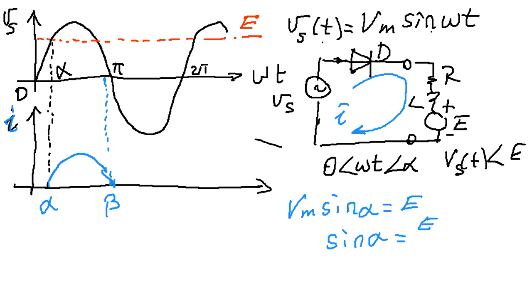So you can obtain alpha. So alpha is equal to sine minus 1 of E over Vm.